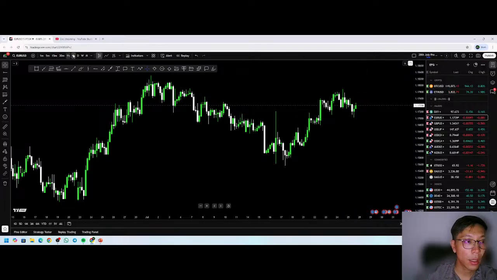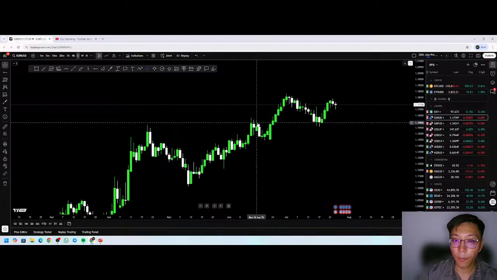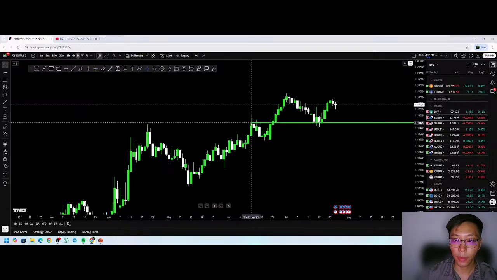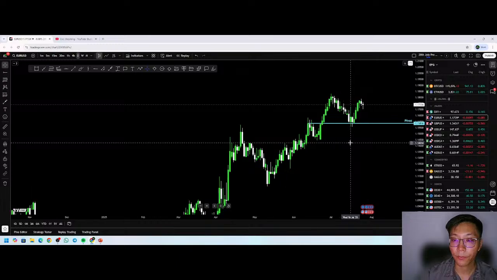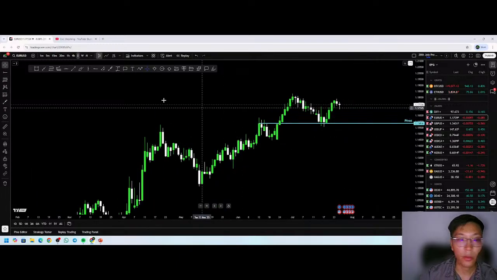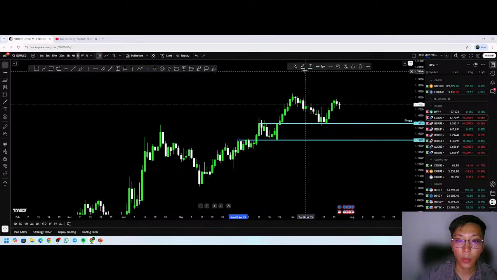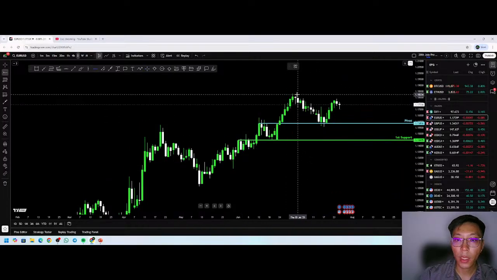But let's see on the daily. On the daily, this looks like a better buy opportunity. This pivot point over here, yeah, this looks like a nice opportunity. Then this shall be our support, and this shall be our resistance over here.